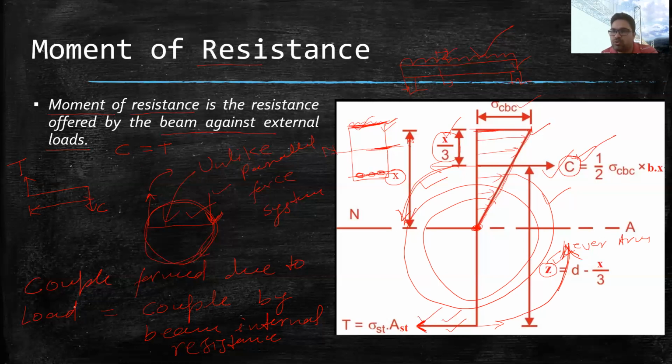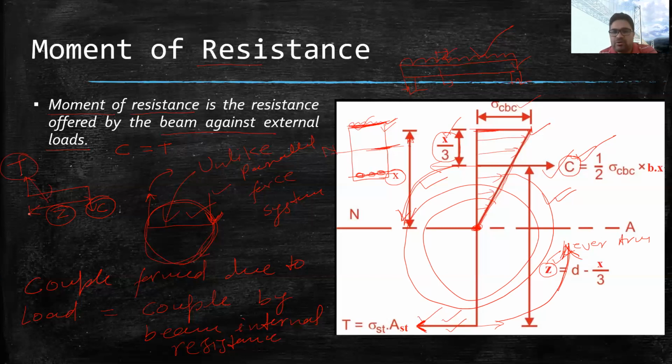We consider that both are equal, and there should be a distance which in our case is Z. So how do we find out the magnitude of the couple? The magnitude of the couple will be equal to the magnitude of any one force multiplied by the distance between them. So couple can be calculated in terms of C into Z or T into Z.